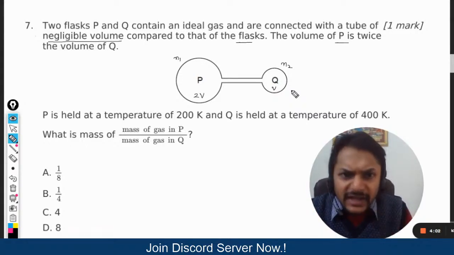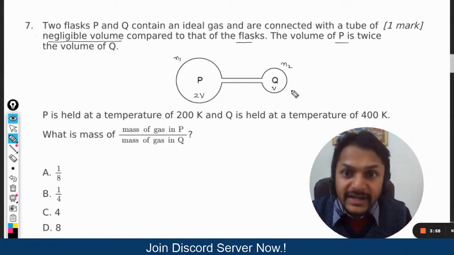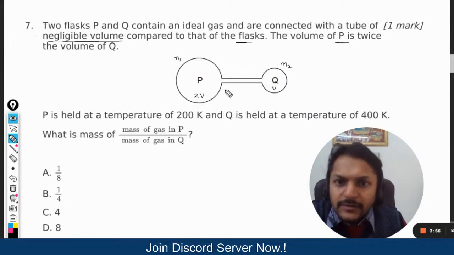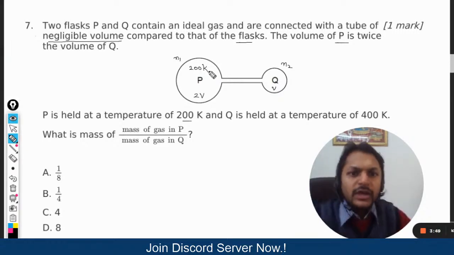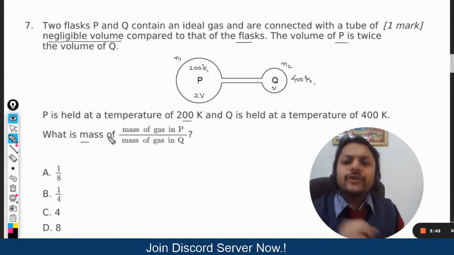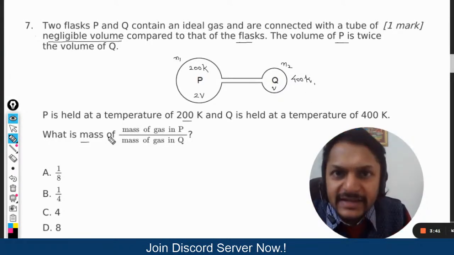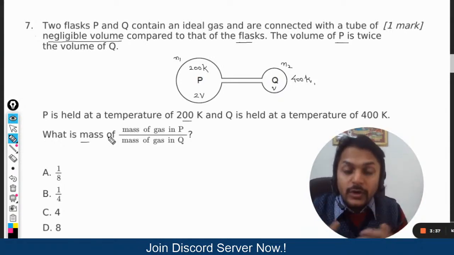So without even being told, we know that the pressure in both chambers has to be taken as the same. Now what about temperature? P is held at a temperature of 200 Kelvin, and Q is maintained at a temperature of 400 Kelvin. Fine. And we want to find the ratio of the mass of gas contained in P divided by the mass of gas contained in Q. So how can we do that?